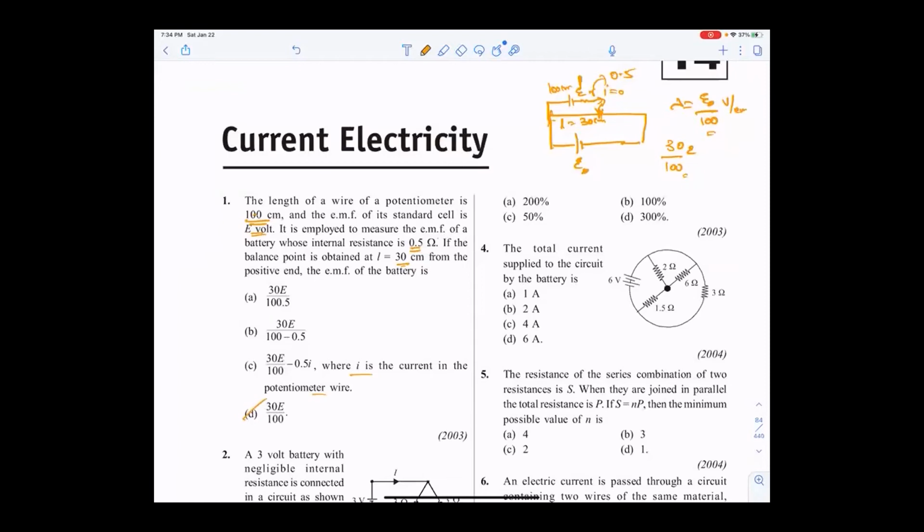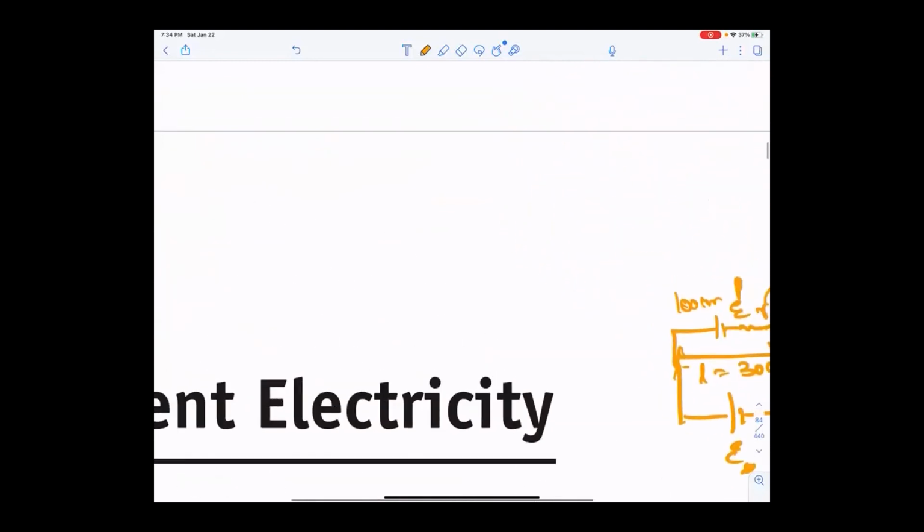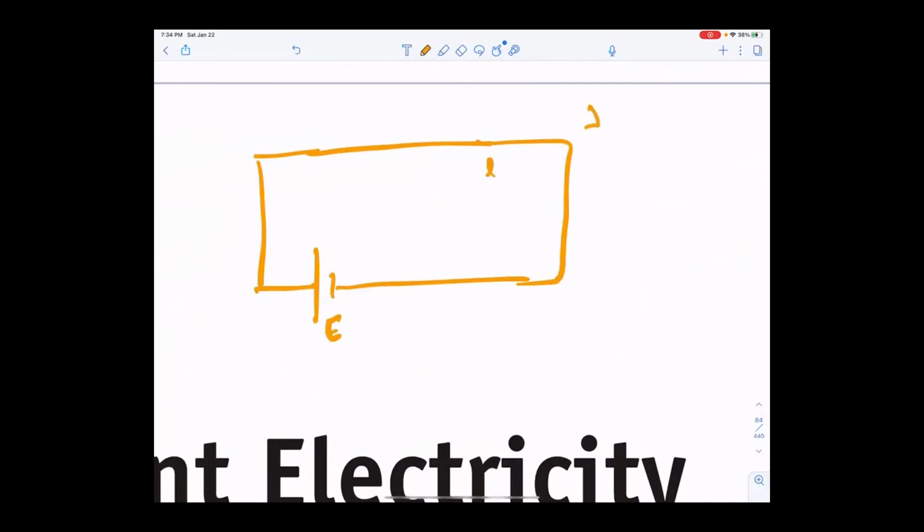So option D. What is meant by balancing length? The galvanometer here shows a reading of 0. You remember the potentiometer concept. In a potentiometer, we have a wire and a battery here. This is the primary battery, right? If this is voltage E and the length of this is L, the voltage per unit length is E by L. I have a battery here whose voltage is E dash, whose resistance is 0.5 ohms.